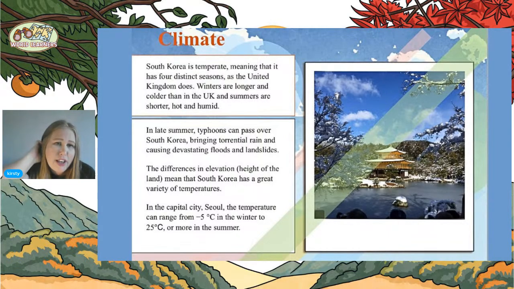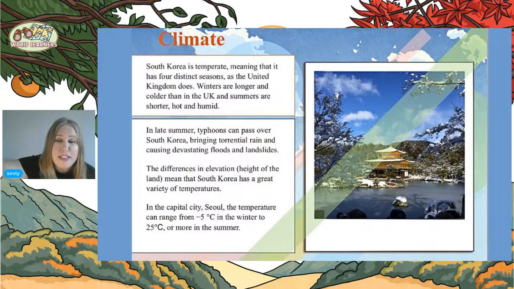The difference is in elevation. The height of the land means that South Korea has a huge variety of temperatures. If you think of when we were talking about Antarctica, and we were talking about it being a high elevation, there's lots of elevated land, and that receives colder temperatures, doesn't it?